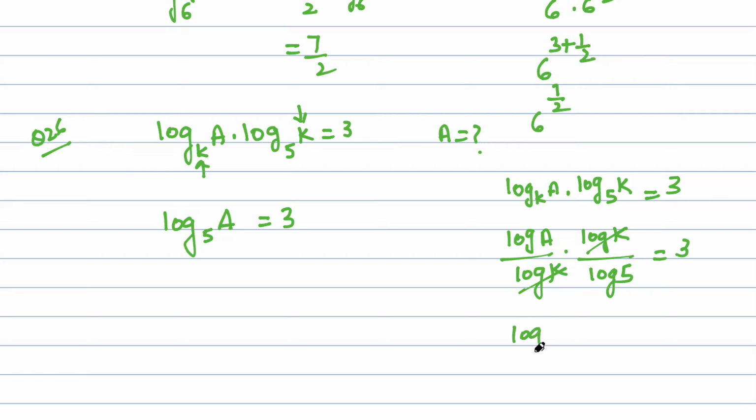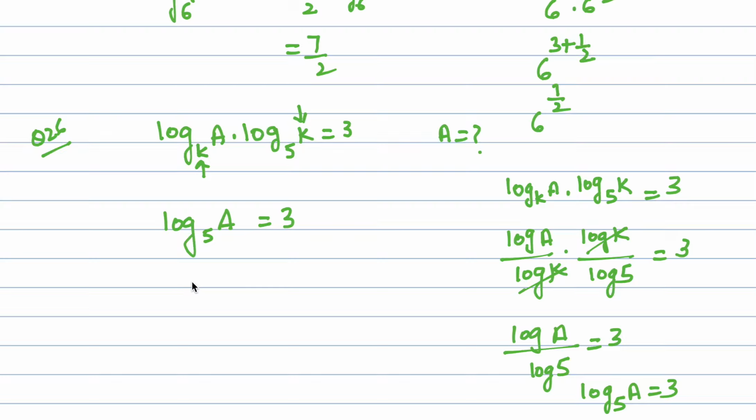Now it's log of a over log of 5 is equal to 3. So isn't it the opposite of the base rule? So you can write it as log of 5 of a is equal to 3. Just see what your style is, how you are comfortable. Either solve every part, or if you love to follow the patterns, just do it like this.